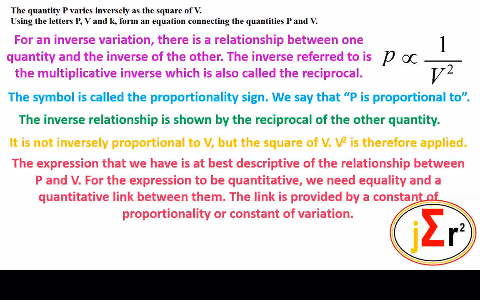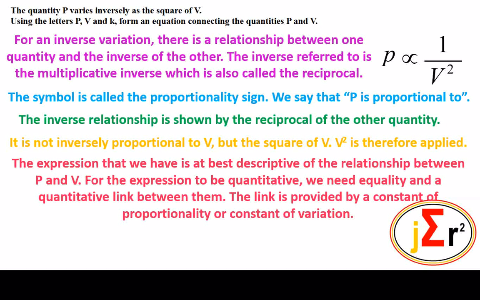The expression that we have is at best descriptive of the relationship between P and V. We can see that there is an inverse relationship between the quantities P and V, to the extent that P is proportional to the inverse of V squared.